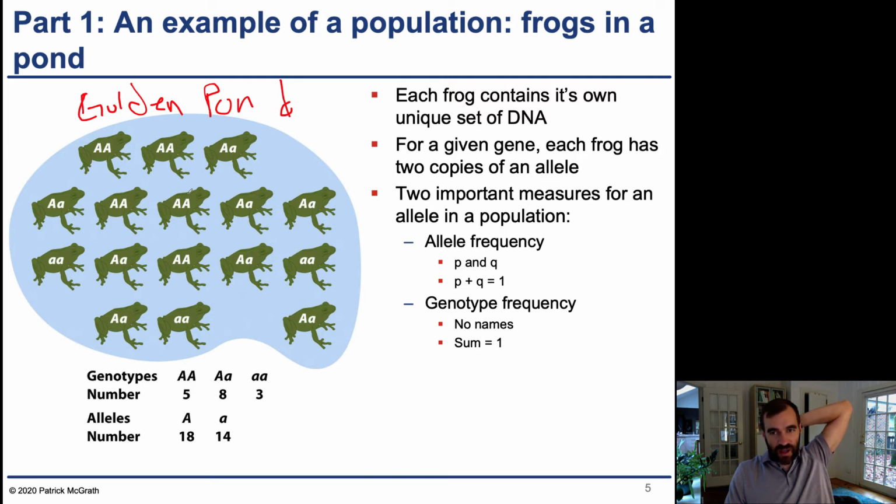We might want to list, for a given gene, all of the alleles in the population. So we have here 16 different frogs, and for each frog we have listed the genotype of the A gene. There are two different alleles that segregate within this population, and frogs can either be homozygous for the dominant allele, homozygous for the recessive allele, or heterozygous.